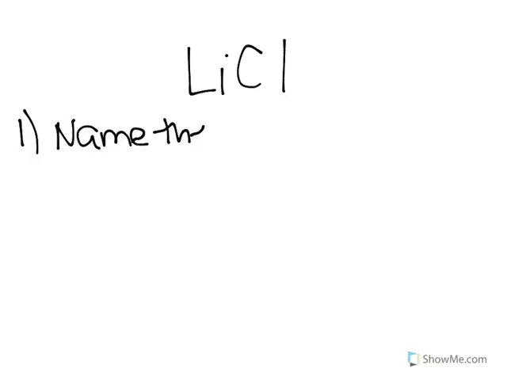So there are some rules to naming ionic compounds. So let's take LiCl, the compound that we just formed, and go through the steps to naming the compound. Step number 1 in naming ionic compounds is to name the metal, and we name that straight from the periodic table.